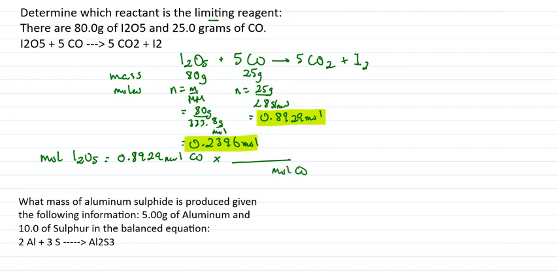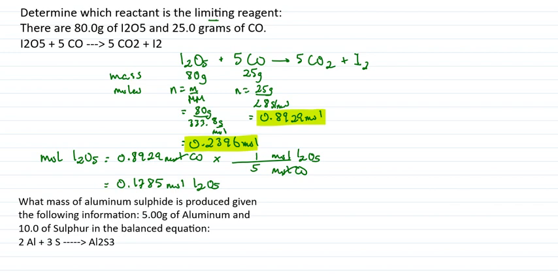Mole CO at the bottom, mole I2O5 at the top, and because this is our mole ratio, we look at our coefficients, and here is 1, here is a 5. Right, then we do the bit of math here. These units cancel out, and we get 0.785 mole of I2O5.